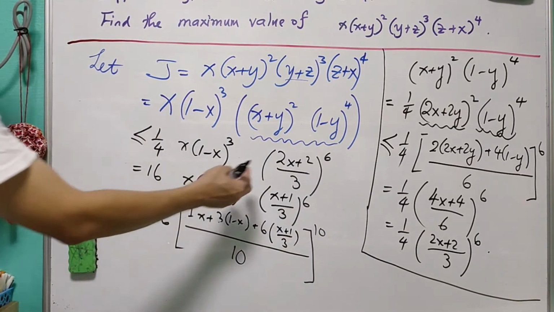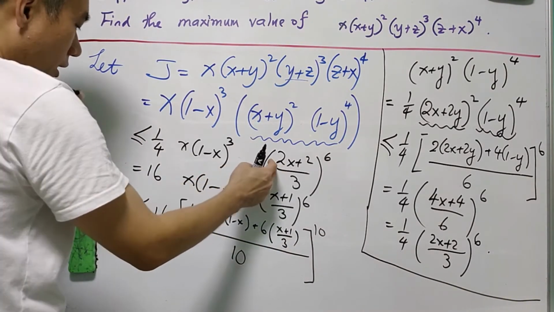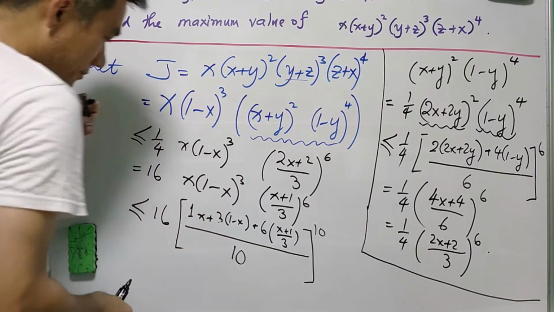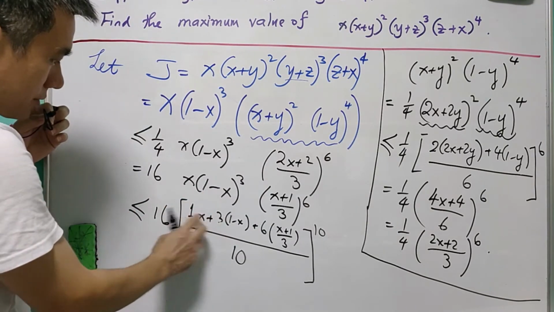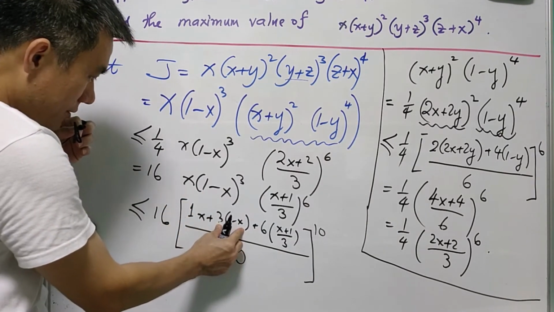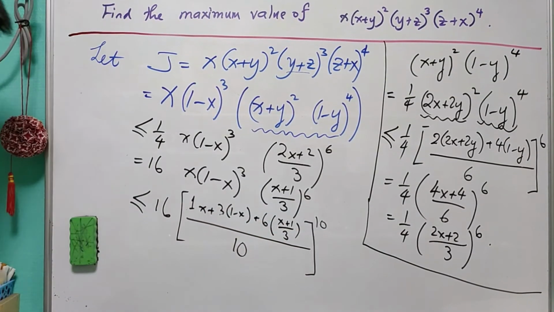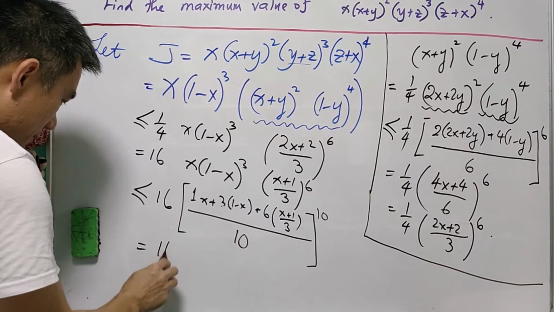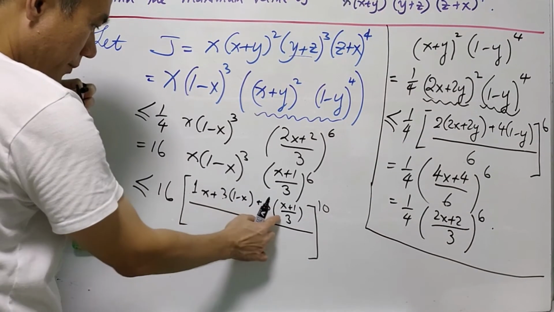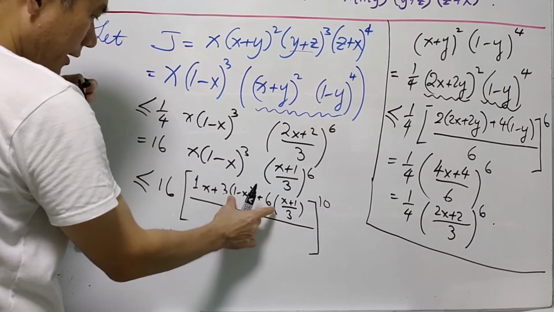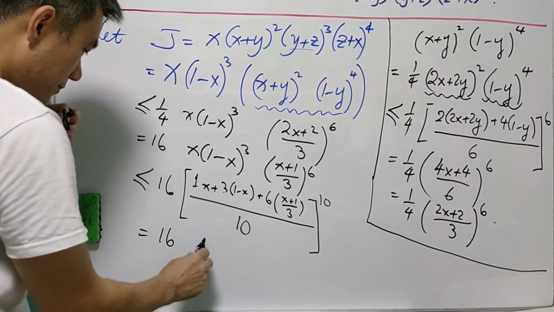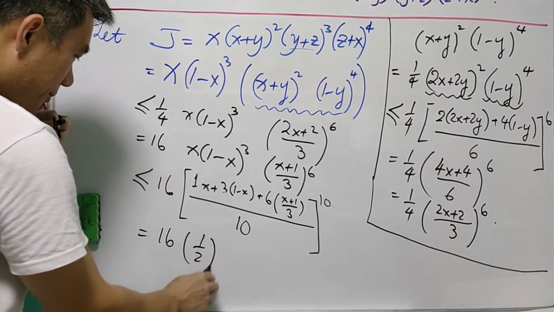The purpose that we take out the 2 here is because we are going to eliminate the x. Note that this is 1x, negative 3x, and 2x, so there are no more x here. What we are left with is 3 plus 2, that is a 5. 5 over 10, that is a half. Half to the power of 10.